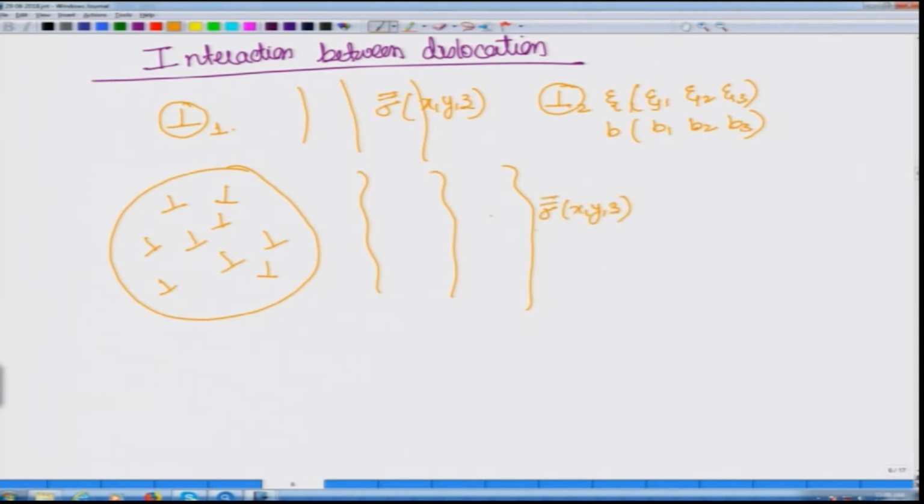So, this is a matrix quantity, sigma x y z, and because of that you want to calculate the stresses onto 2, for which we know E and B. Now, this is given by what is called the Peach-Koehler relation.